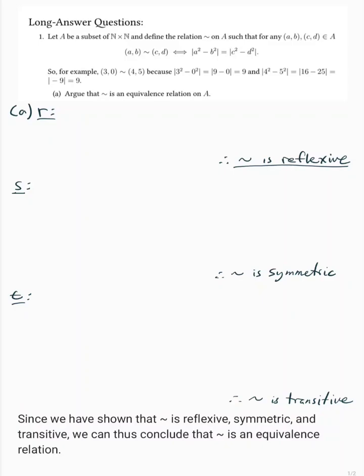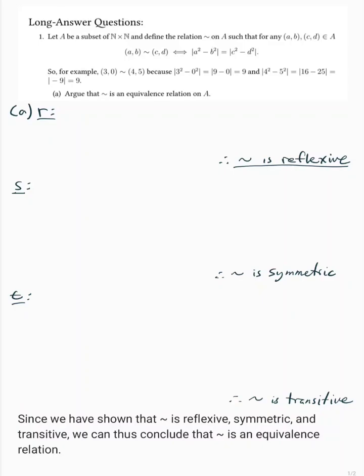So, let's get started. Okay, let A be a subset of the Cartesian product of the set of natural numbers with the set of natural numbers, and define the relation tilde on A such that for any pair (a, b) and pair (c, d) in our set A, if the pair (a, b) is related by tilde to the pair (c, d), then this implies that the absolute value of a squared minus b squared is equal to the absolute value of c squared minus d squared.